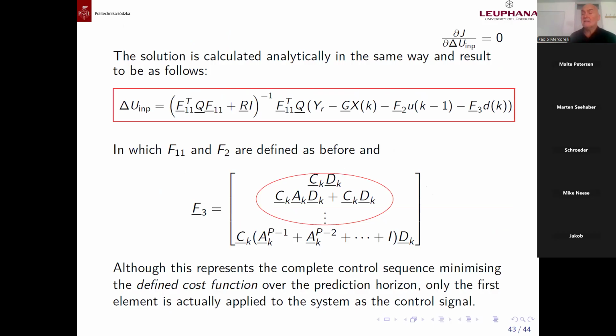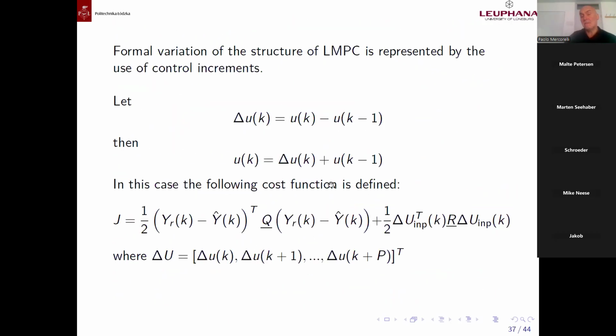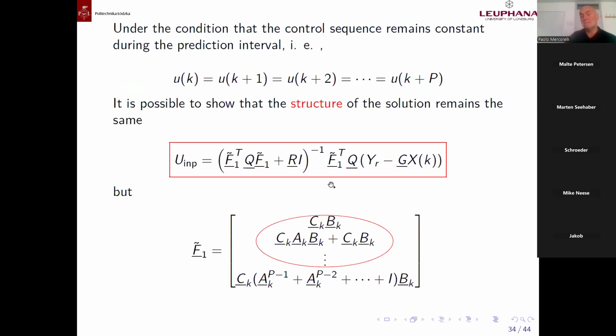But otherwise, the hypothesis plays a crucial role, because look here, this matrix here is calculated for U constant: CB, CAB, CB, and so on.